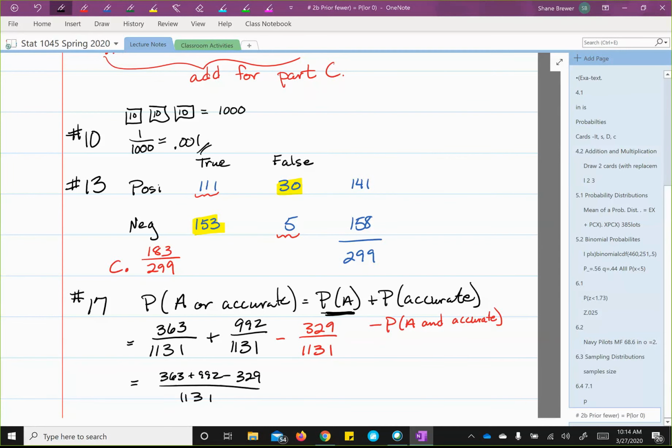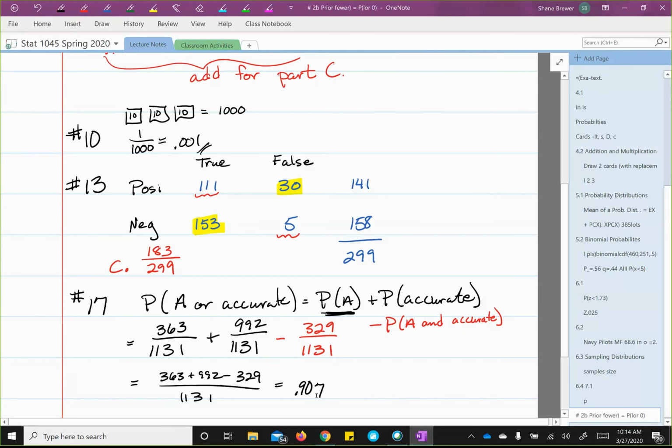Yeah, so 0.907. They want, just double checking, they want 3 decimals. Yeah, 0.907.